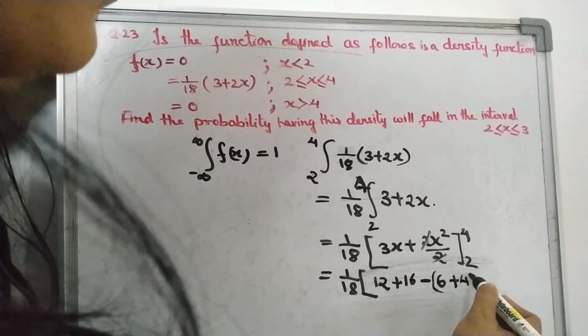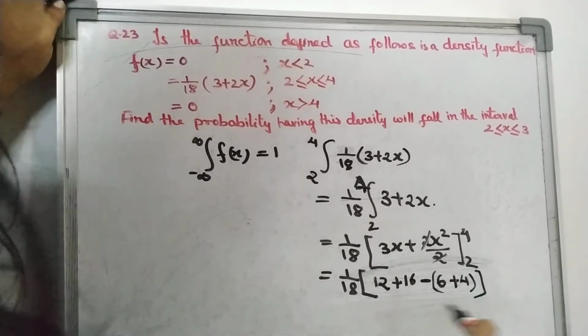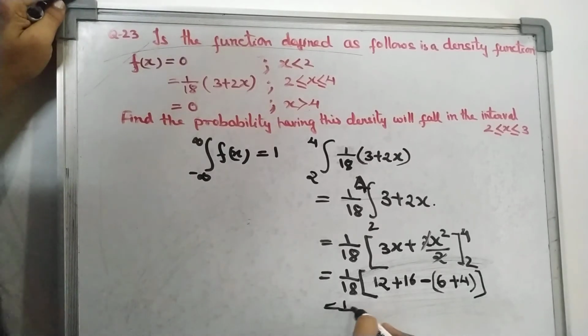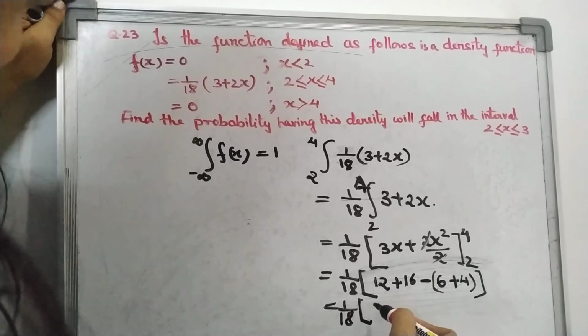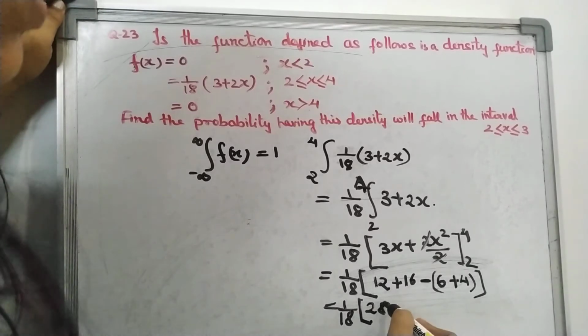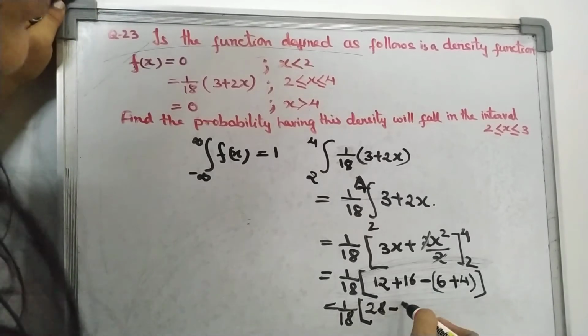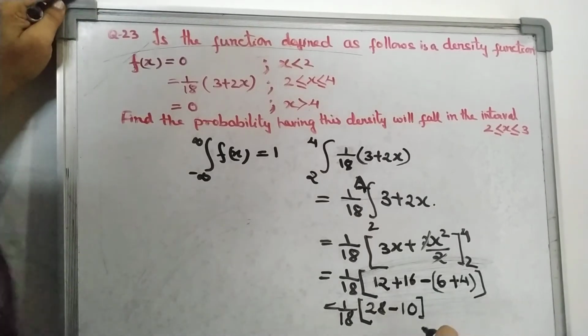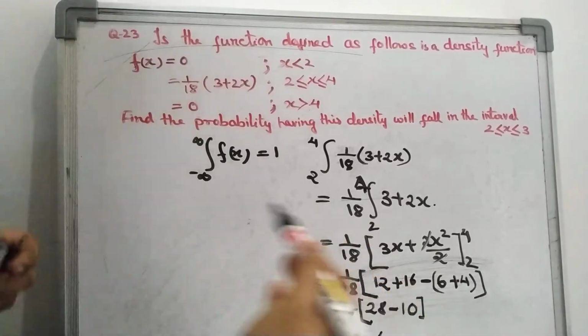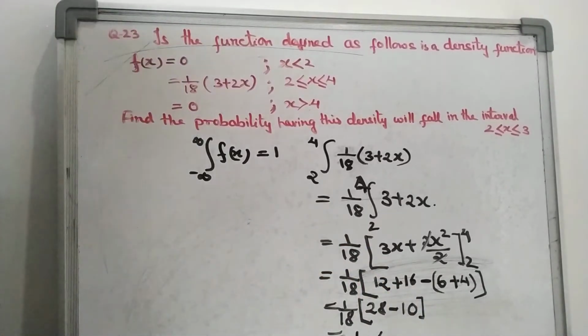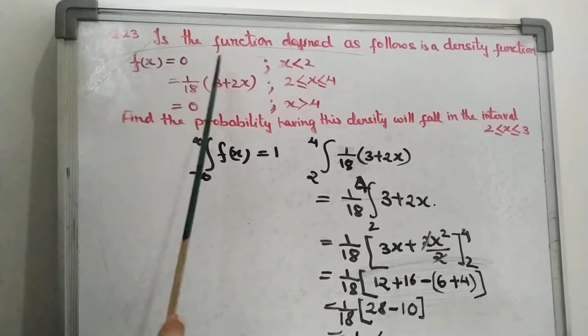Upper limit minus lower limit, so it is 1/18 times (12 + 16 - 6 - 4), that is 28 minus 10, so 18. So 18 into 1/18 is 1. So hence it is a probability density function.